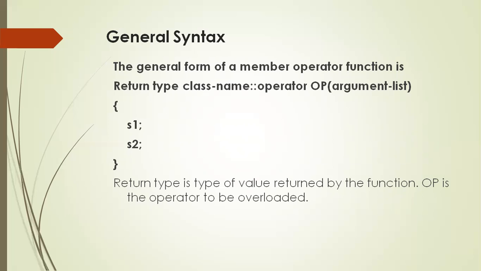So with the operator overloading concept, for most of the existing operators, you give them additional strength. For example, the plus operator's original strength is to add two integers. To the same plus operator you add additional strength so that you can use the same operator to add two complex numbers. Similarly, the greater than symbol's general purpose is to compare two integers or two real numbers. To the same greater than operator you add additional strength so that it can be used to compare two dates.